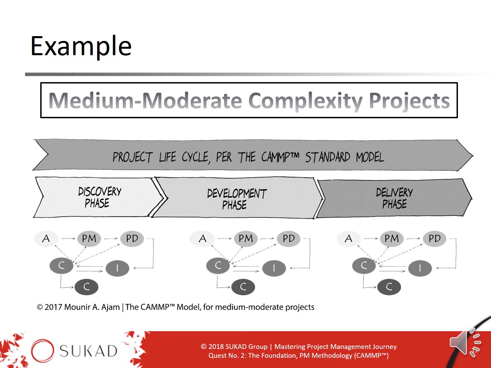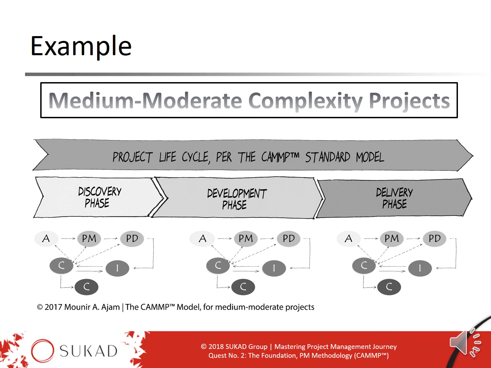To emphasize this point, something we touched on earlier but did not explain: for medium and moderate complexity projects, we need to have the 6 processes, authorize, plan management, plan detail, implement, control, and close, applied in every phase. So in the discovery phase, in the development phase, in the delivery phase.